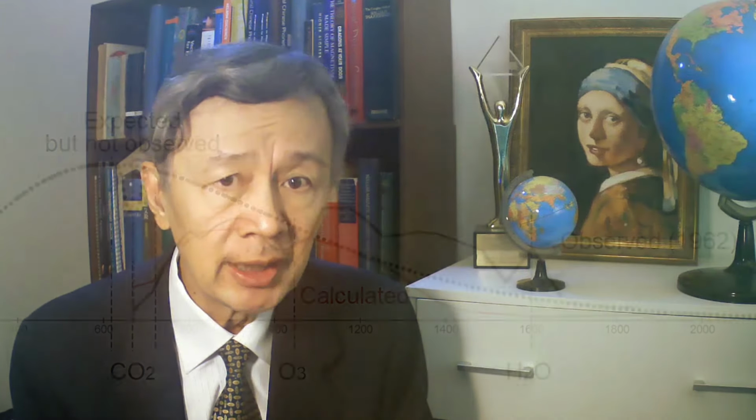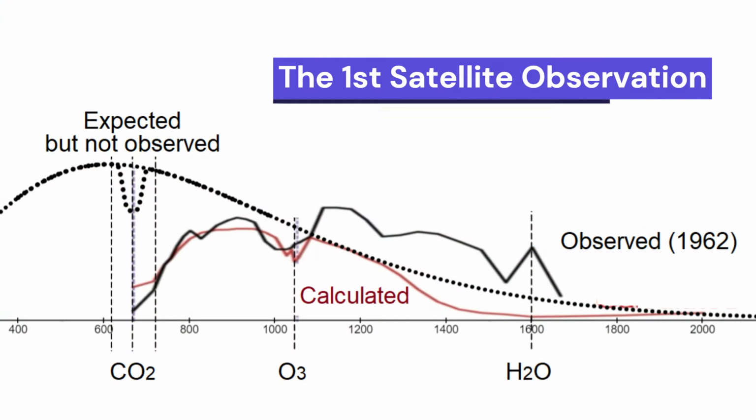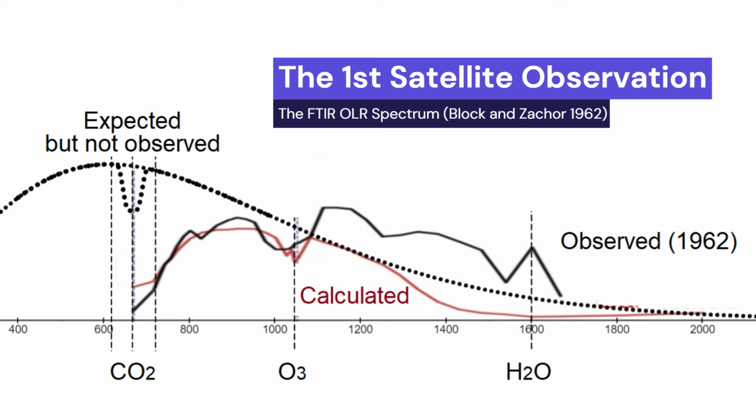In passing, this CO2 absorption band, unfortunately, was not observed in the first satellite mission in 1962, although both ozone and water vapor absorption peaks were detected. I will discuss this important issue in the near future.